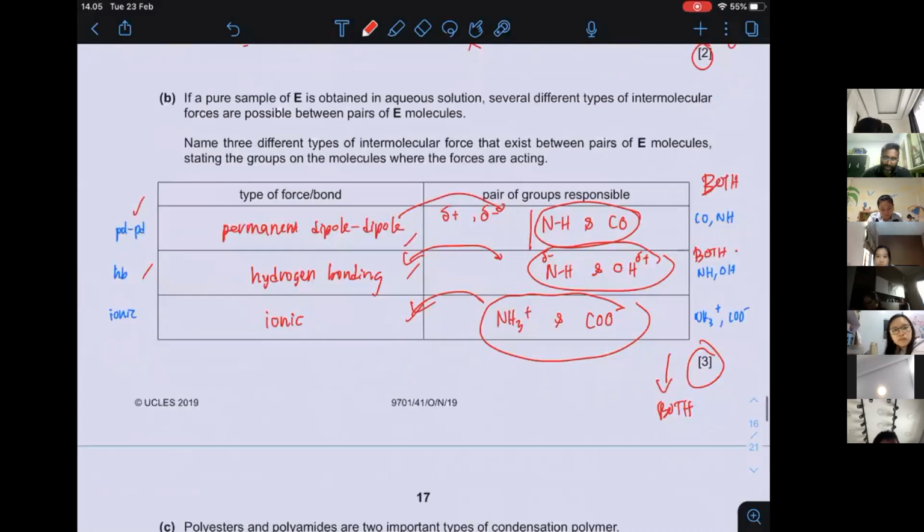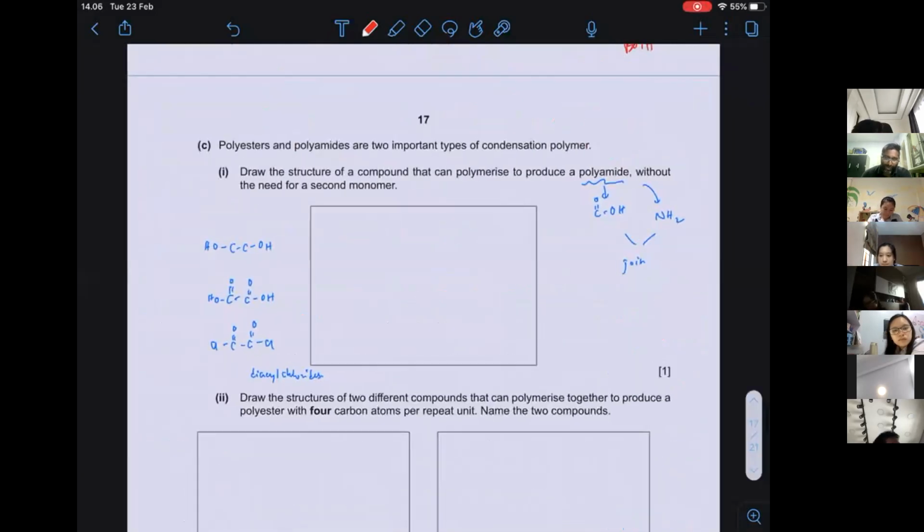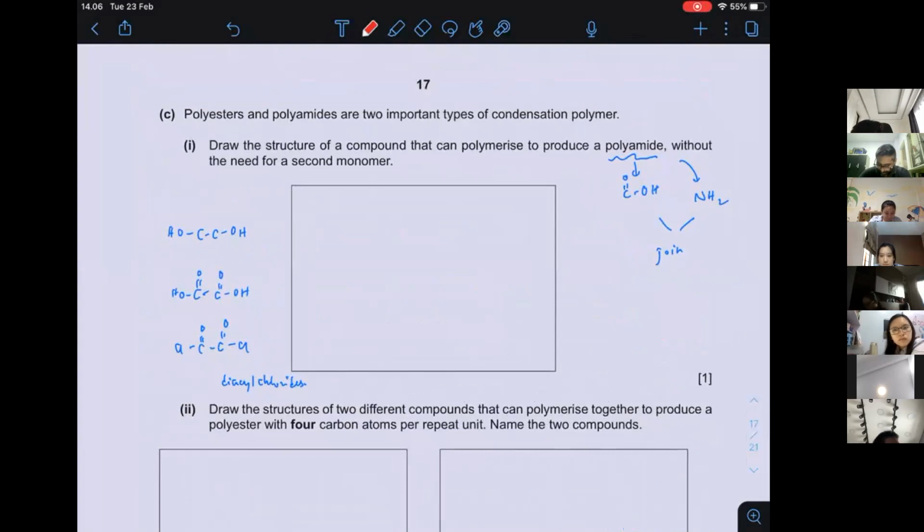Now next: polyester and polyamide are two important types of condensation polymer. Draw the structure of one compound that can polymerize to form a polyamide. How do I get polyamide? I get an amide linkage. What is amide? C double bond O and then NH.